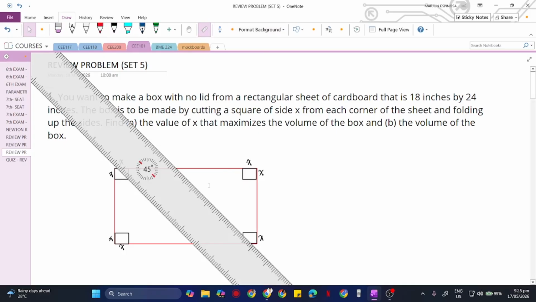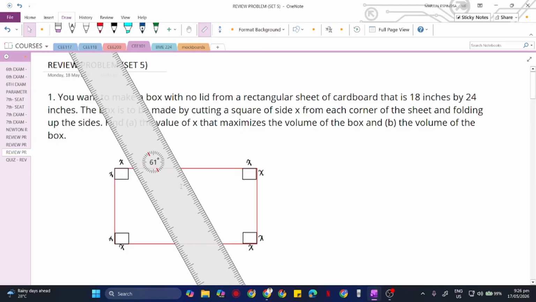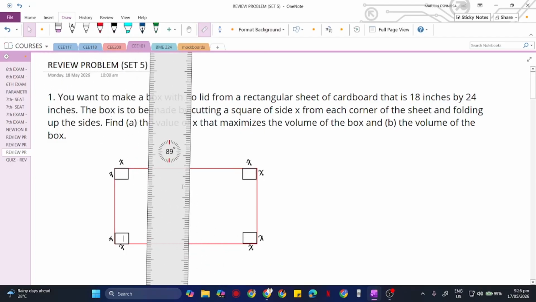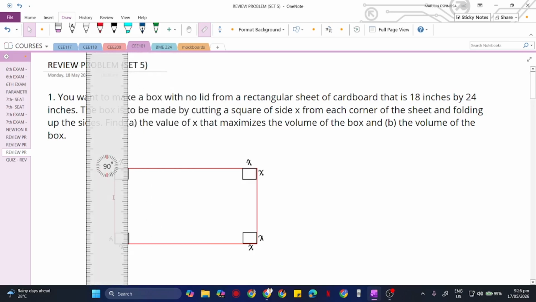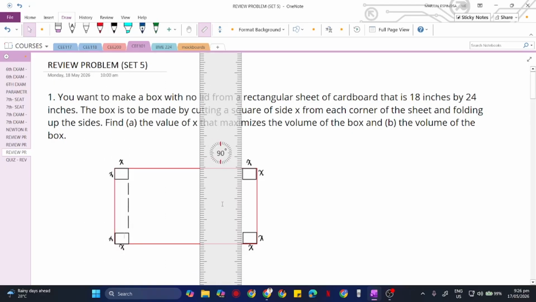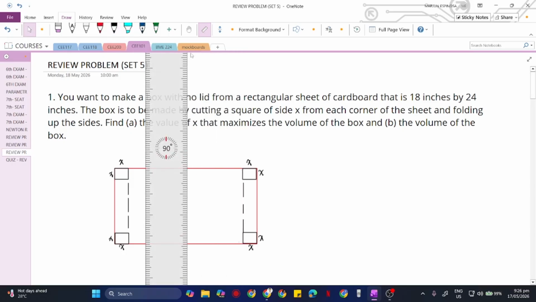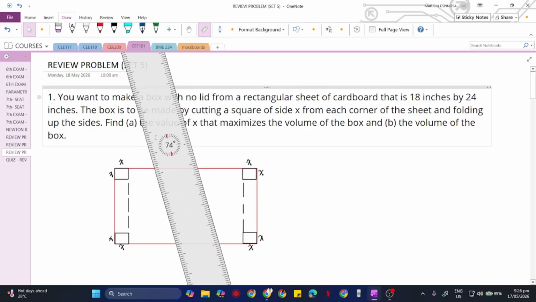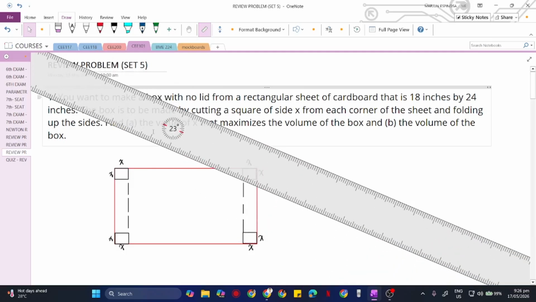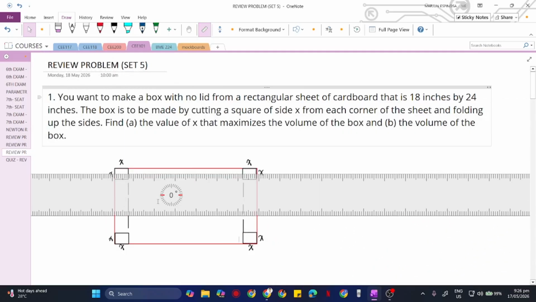We'll fold it through this line, along this line. And then the box is said to have no lid, meaning to say it is open on the top.